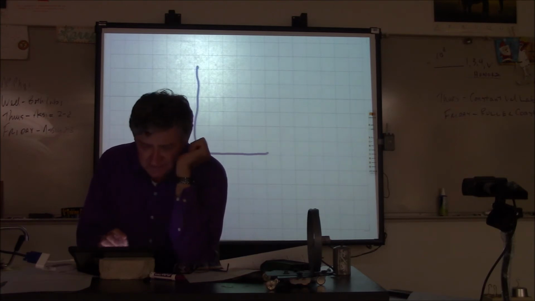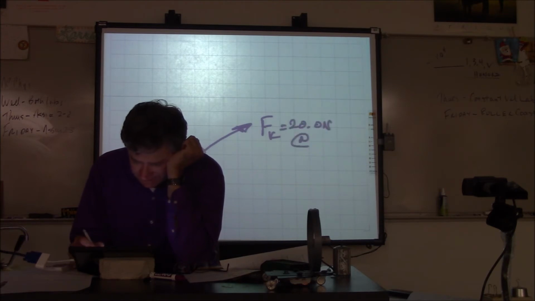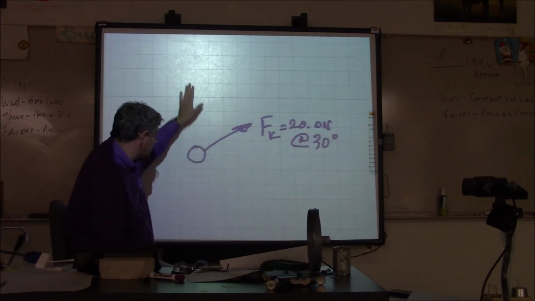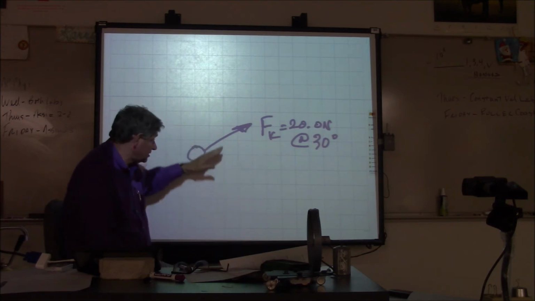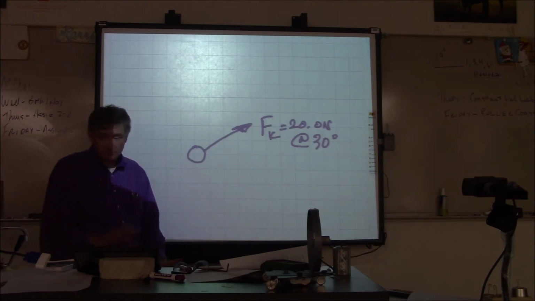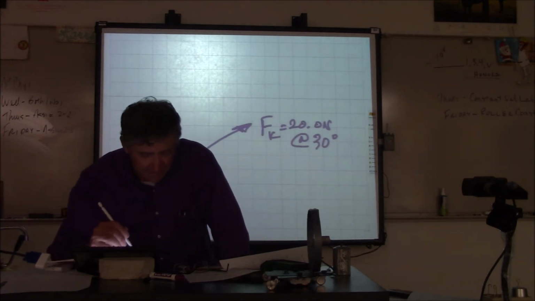That's just going to confuse things. Let's not do that. So let's say Caden's going to kick the ball this way with the force of 20 newtons at 30 degrees. Okay? So now, we're not going to start on the x-axis. Okay? Here's force Caden, 20 newtons at 30 degrees. There you go.